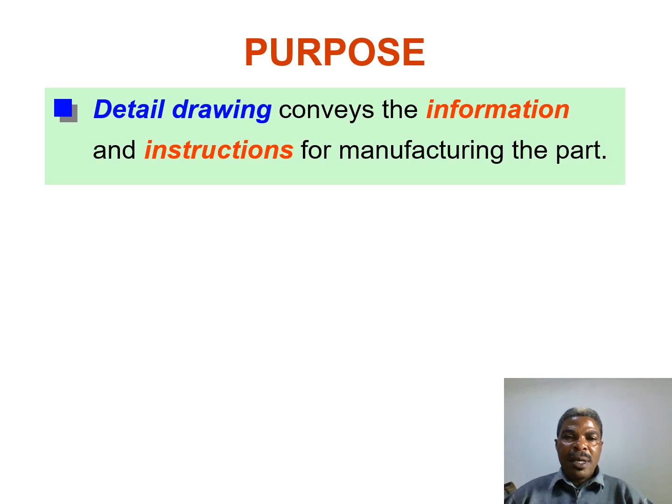So the purpose of doing this: detailed drawing conveys the information and the instructions for manufacturing of the part. How should it be manufactured? What conditions should be considered?